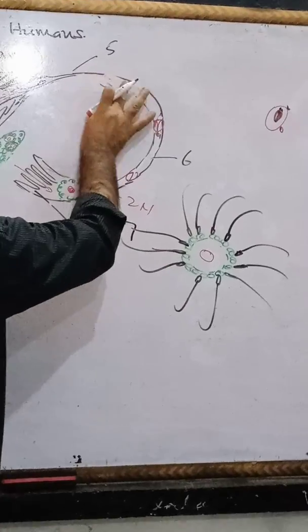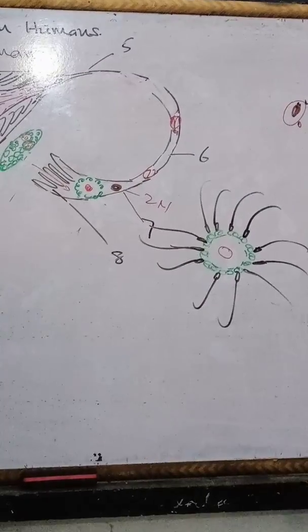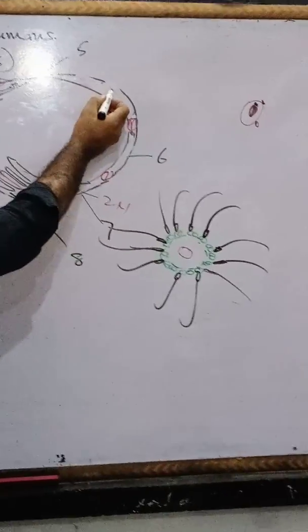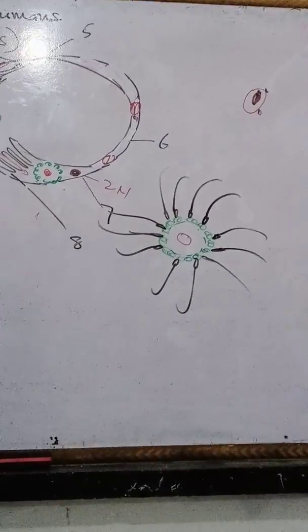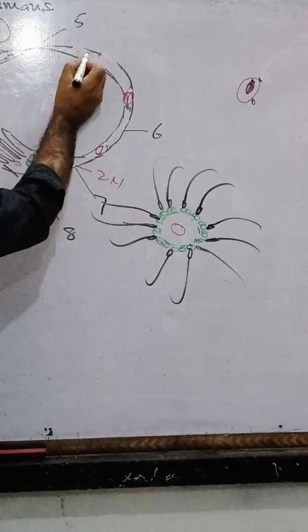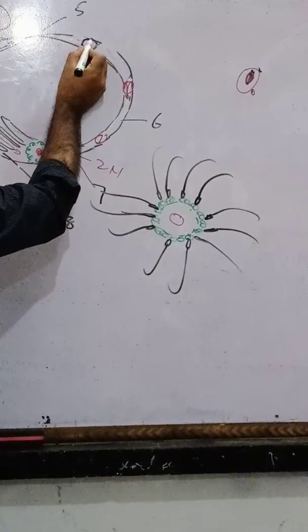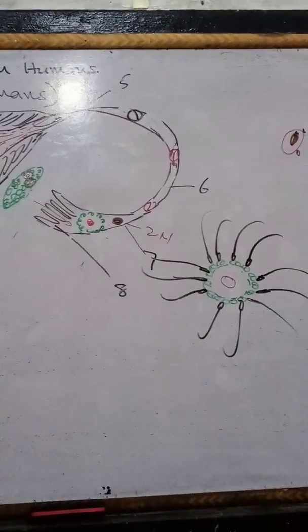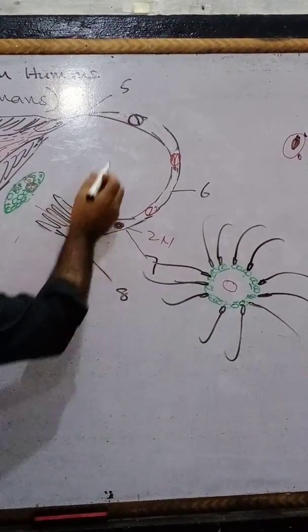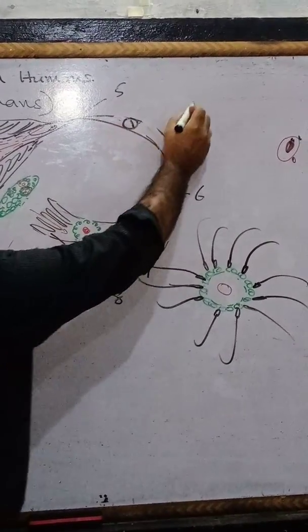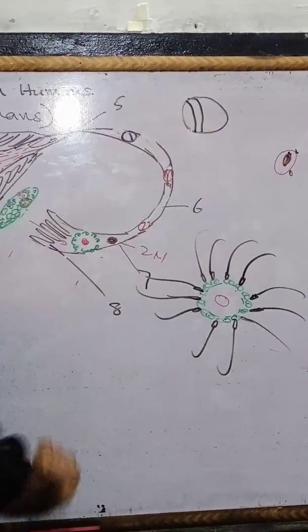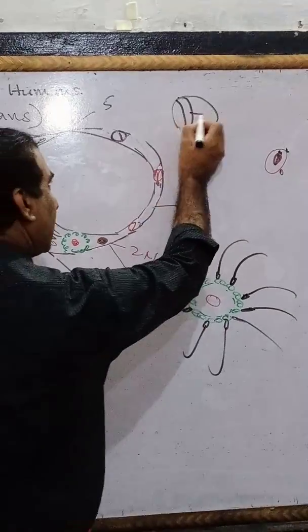We'll see all this in the next lecture, that the first cleavage and the third cleavage are not equal. The third cleavage is like this. Sorry, the second cleavage, the third cleavage is like this. This is the third cleavage.